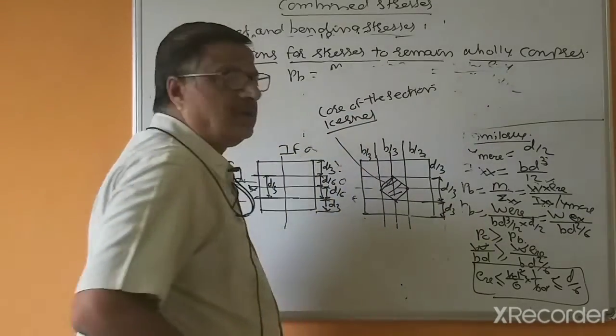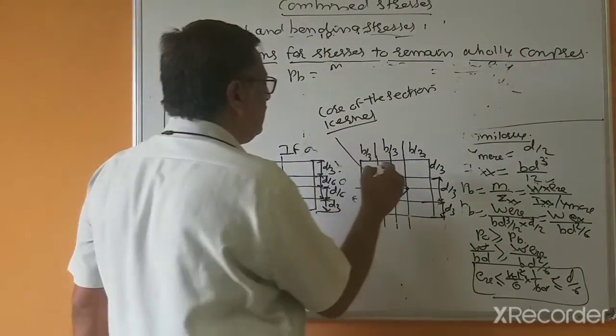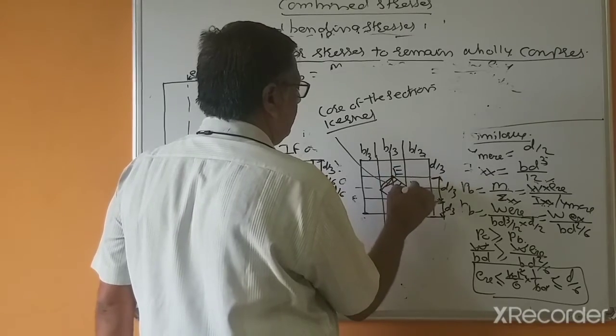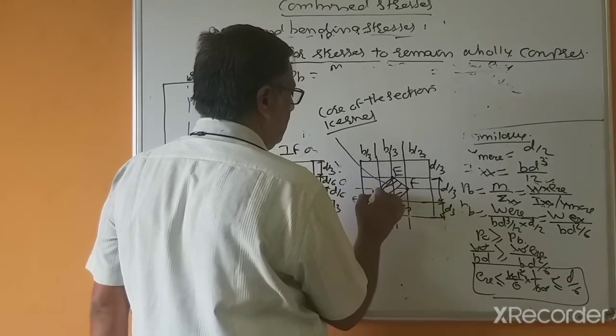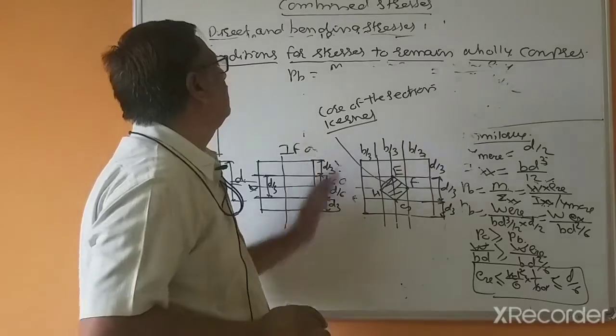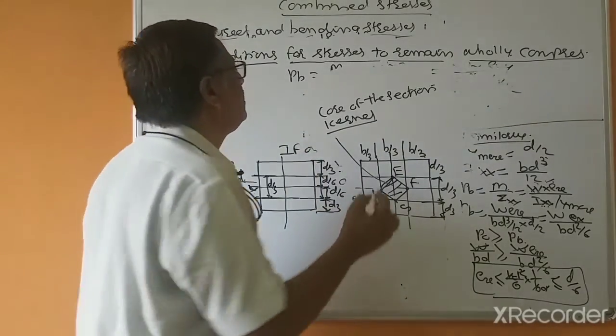So if suppose this is E, F, G, H, what is meant by the core of the section?